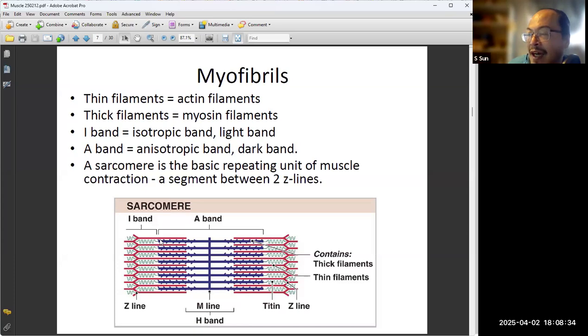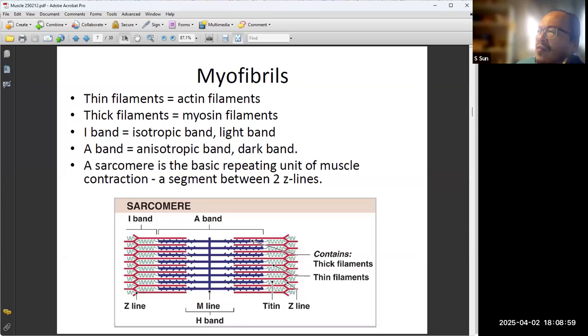And we also have the light I band. I refers to isotropic, meaning that its composition is pretty much the same. The A band has the thick filaments and a portion of the thin filaments, so that one is not isotropic. A refers to anisotropic right here.